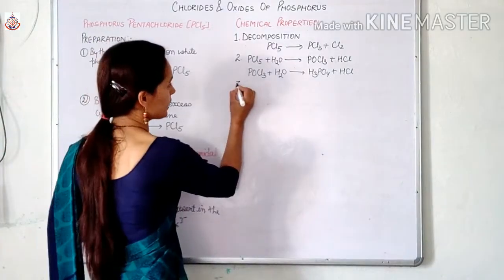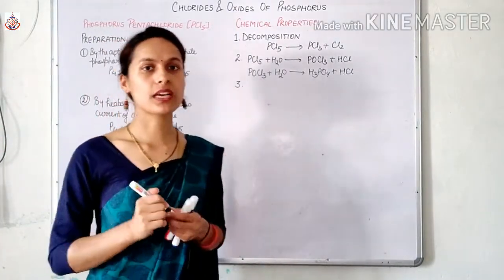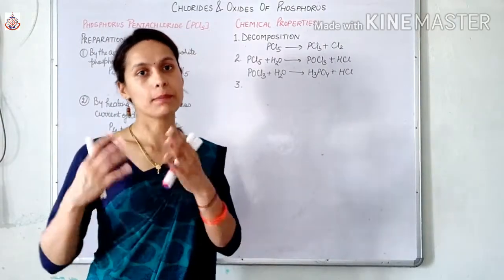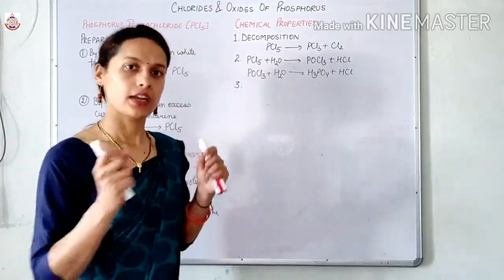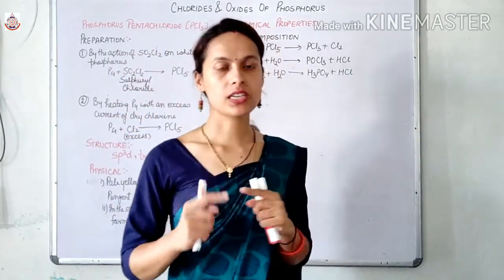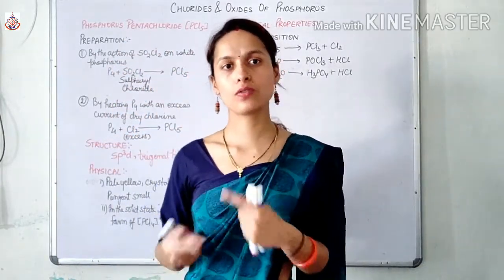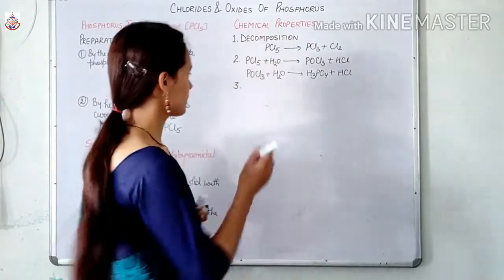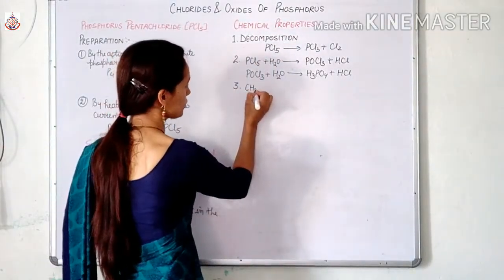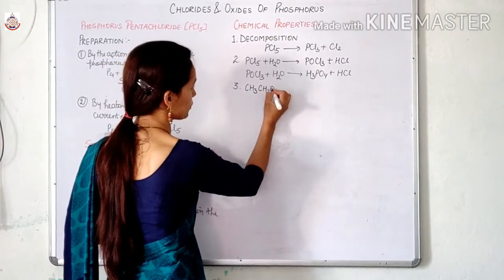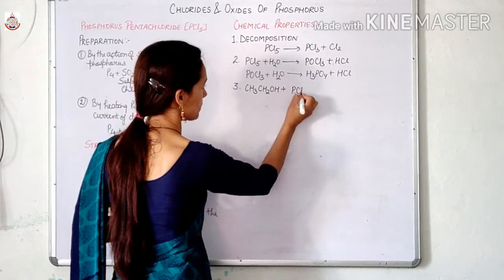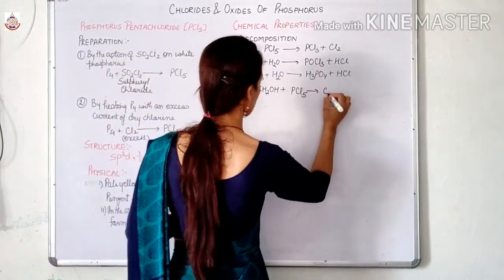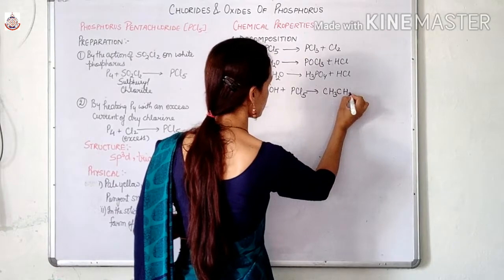Next, it also reacts with compounds containing a hydroxyl group, just like PCl3, but the byproducts are different. For example, CH3CH2OH reacts with PCl5 and forms CH3CH2Cl.